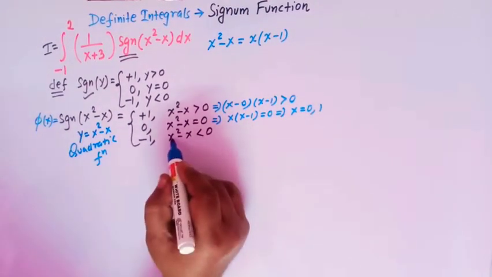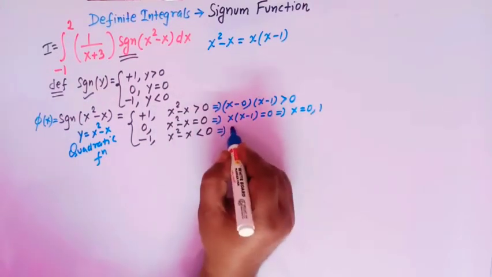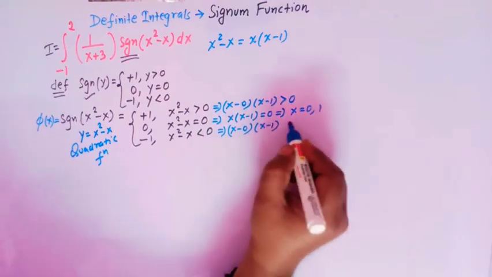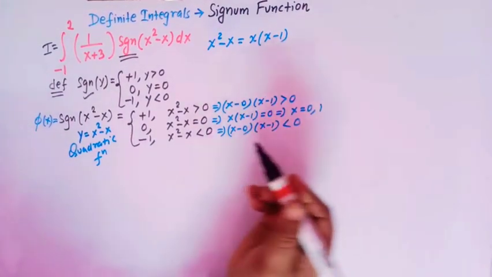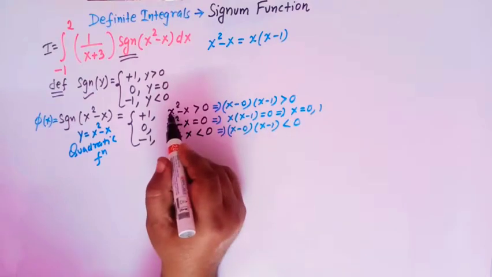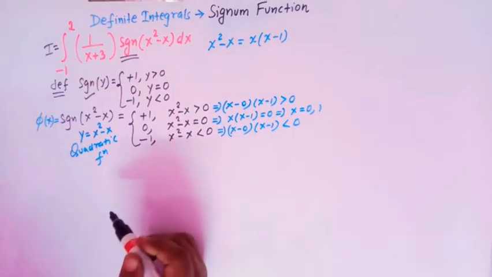And for x square minus x less than 0, we have x minus 0 times x minus 1 less than 0. Now our aim is to find the intervals in which these inequalities are feasible.